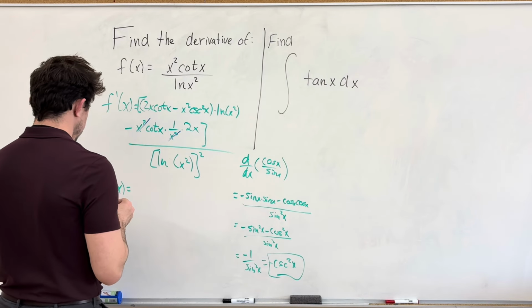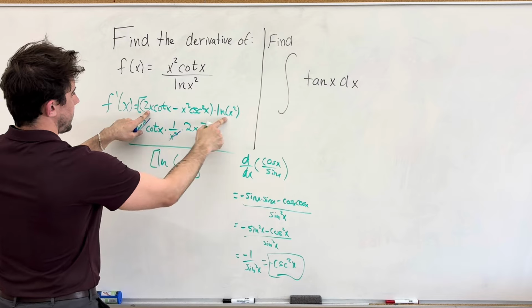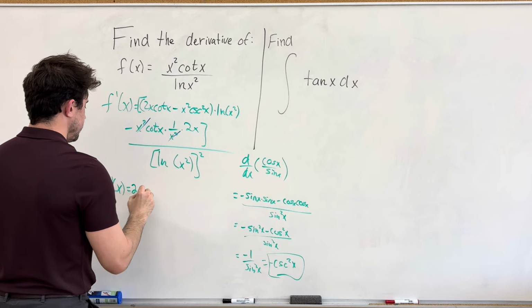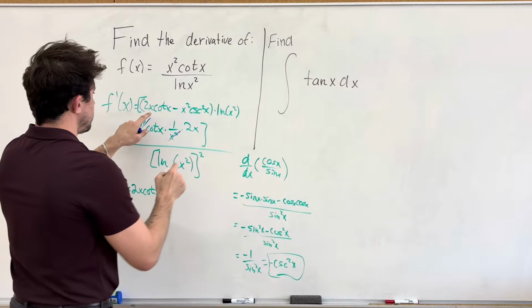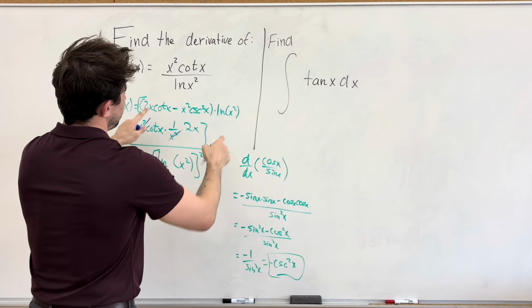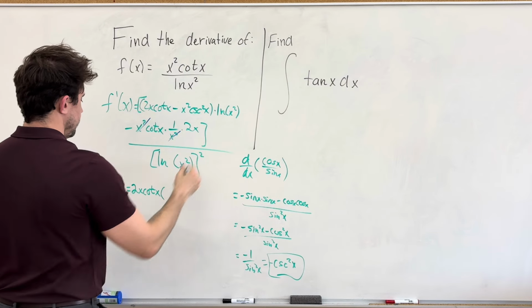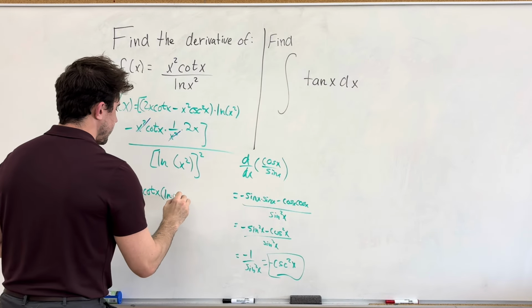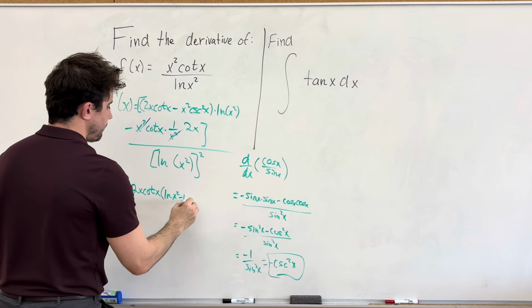We could do, I'll use the green marker here, 2x cotan x times, I don't know if this is really simpler, but whatever, we'll try it, times ln of x squared minus 1, right?